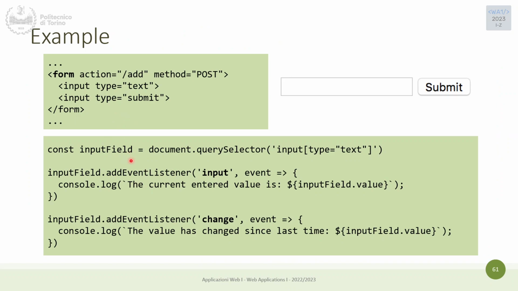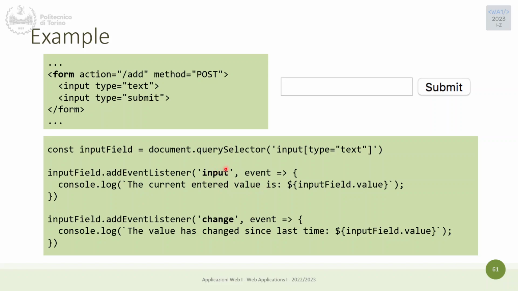And here you have an example: you have this form with an input of type text and an input of type submit. Again, we suggest you use a button, but this is just an example. You obtain the input field using document.querySelector on input of type text. Then you add this event listener that prints on the console the current entered value.